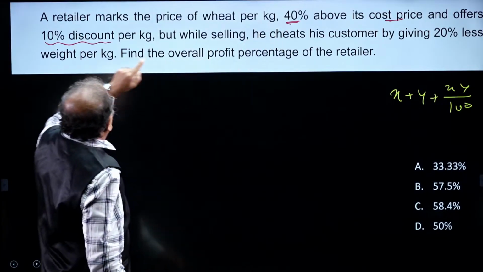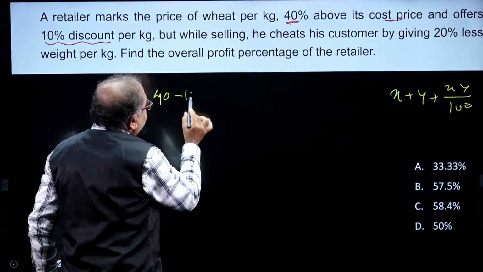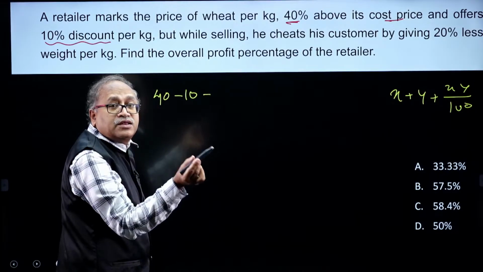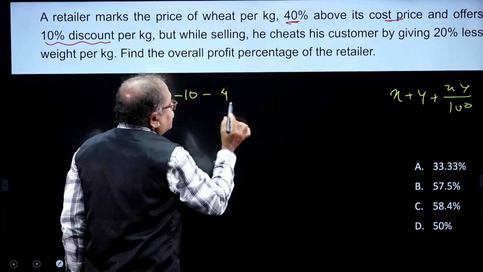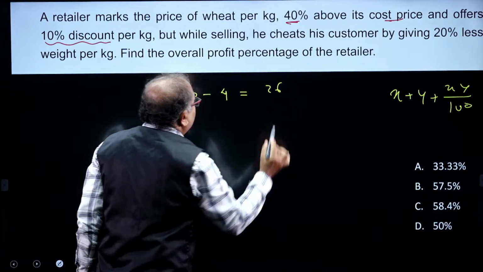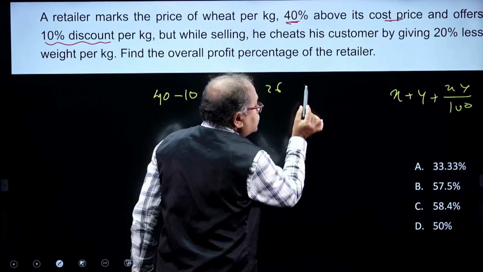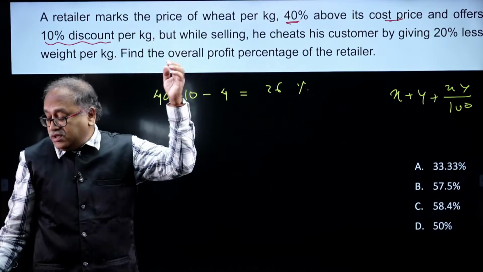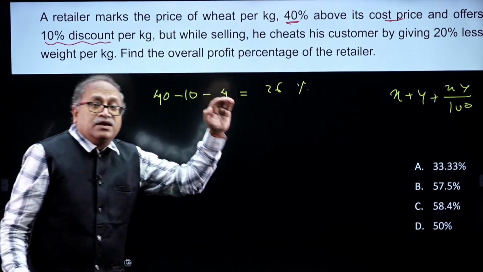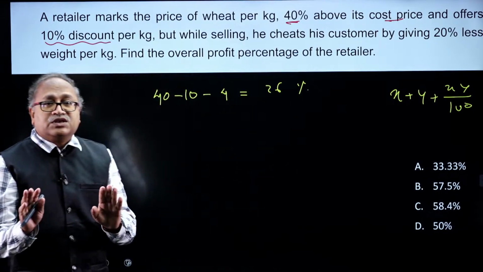This is plus and this is minus. So, that is 40 minus 10 minus 40 into 10, that is 400 by 100, that comes 4, which is equal to 26. So, there is a 26% profit over here after increasing the 40% and then again giving a discount of 10%, he makes a profit of 26%.